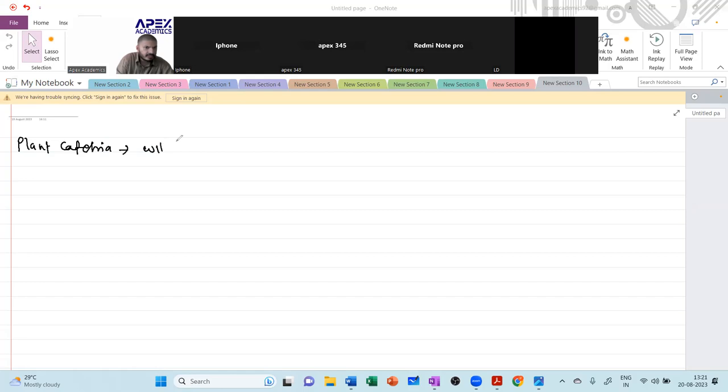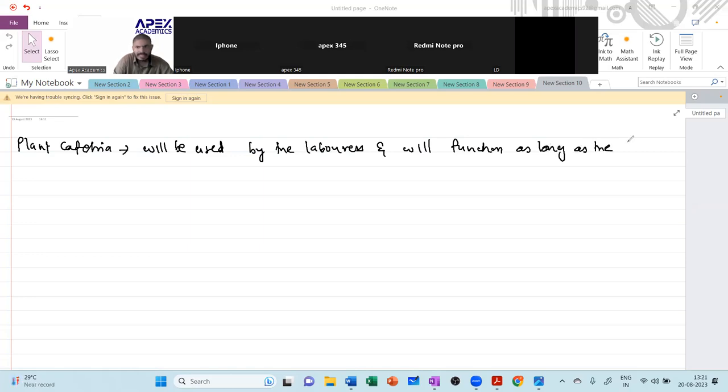Plant cafeteria will be used by the laborers and will function as long as the laborers keep working.